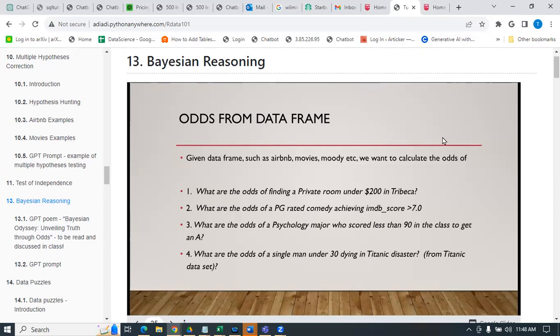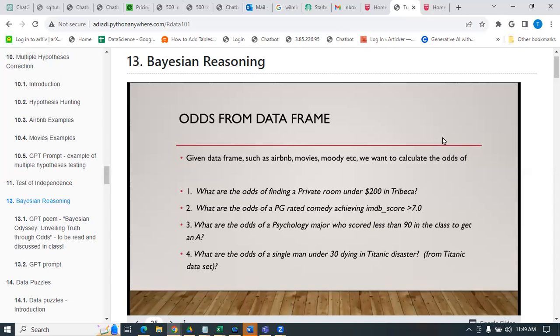Let's look at the second statement. What are the odds of a PG-rated comedy achieving an IMDb score of 7.0? Now, the belief is obviously the achieving of the IMDb score, right? You don't know that. You assume it's a PG-rated comedy. So the observation is PG-rated comedy. The belief is IMDb score at least 7.